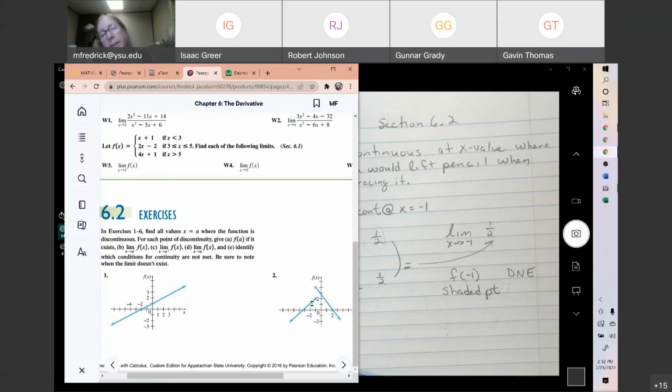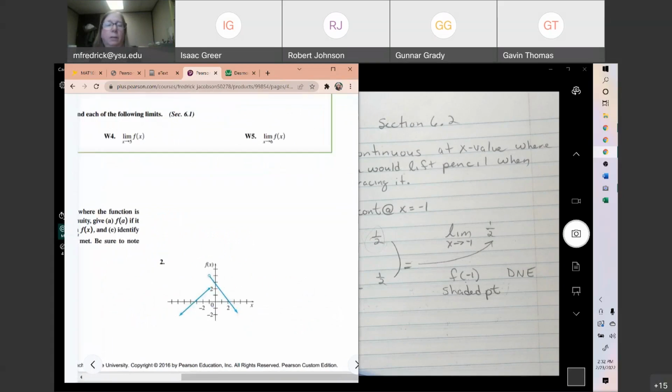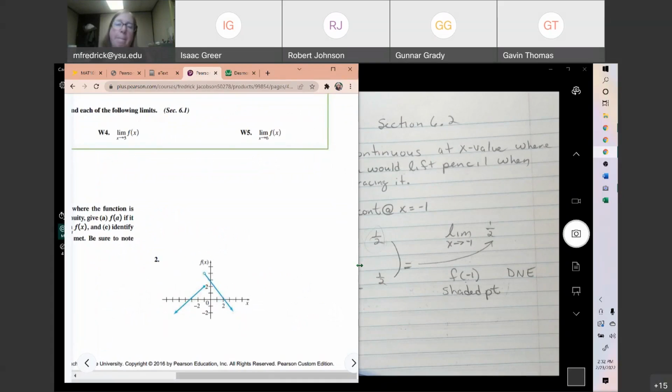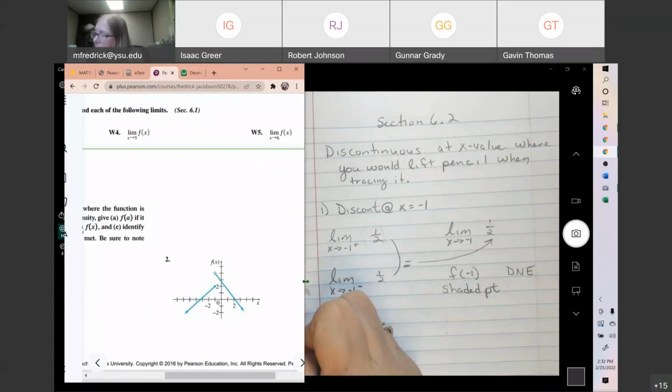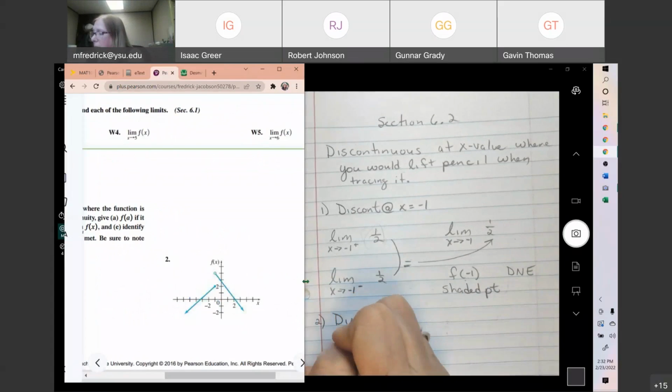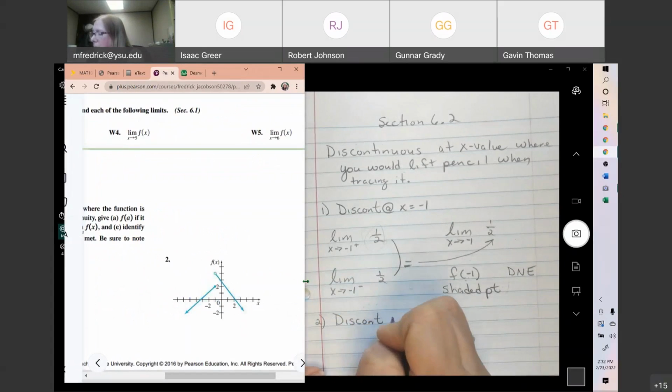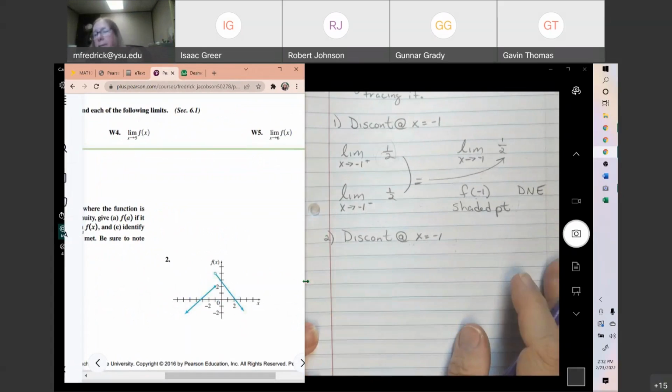Now again, it's at -1. As I'm tracing, I would jump here where x is -1. So this one was also discontinuous at -1. So it's still discontinuous at -1.